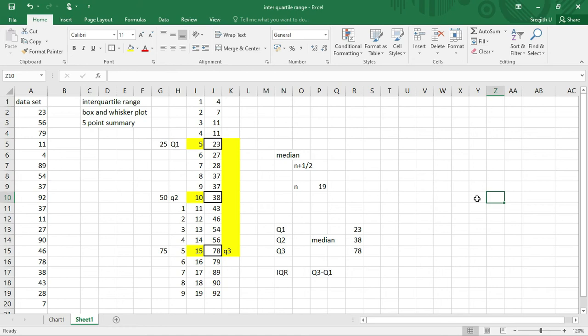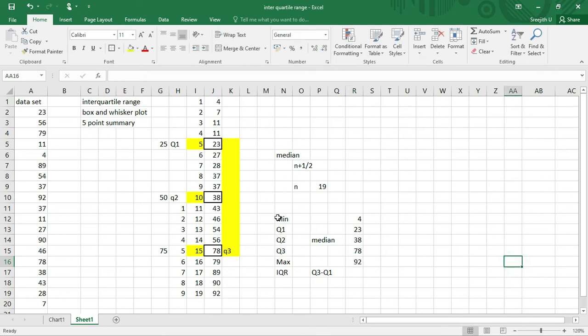Now, if I add the values of minimum and maximum to this whole set here, you get what is called a 5-point summary. The minimum, in our observation, is the least value here, 4, and the maximum value is 92 in our data set.